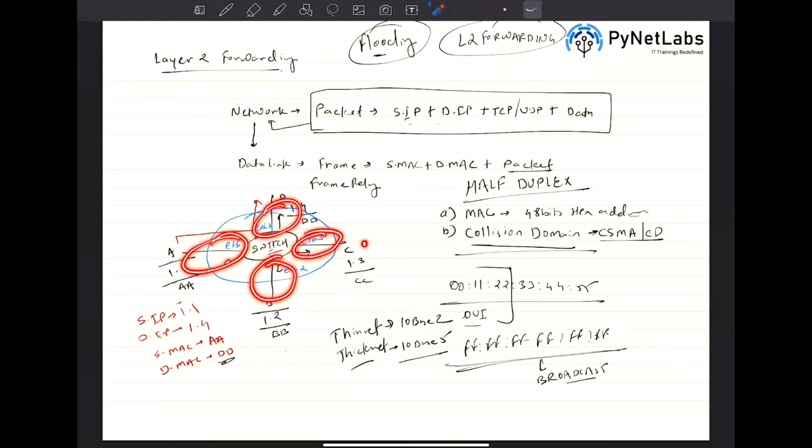So instead of one collision domain, you now have multiple collision domains. What's going to happen is, if A is sending traffic, that's a separate collision domain, and at the same time D can also send traffic to the switch. So the switch can handle both at a single time, because the number of collision domains has increased.